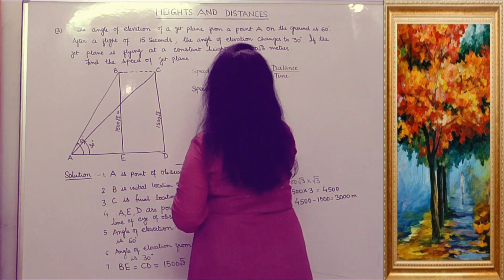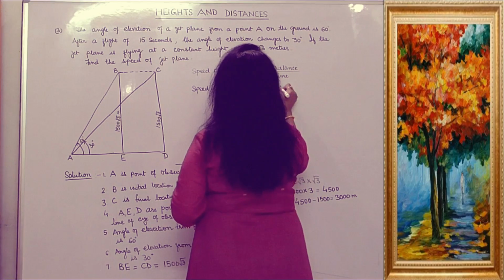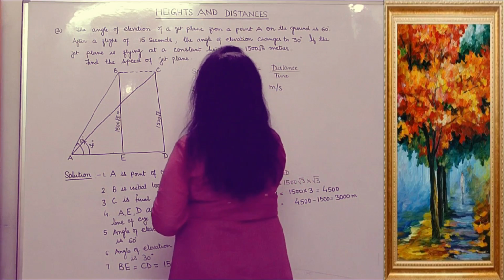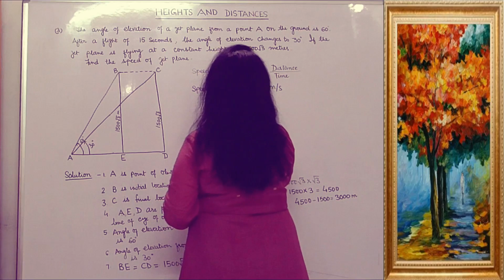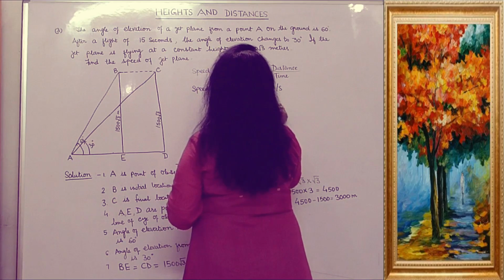Distance is 3000 meter and time is 15 seconds. This is meter per second. 200 meter per second.